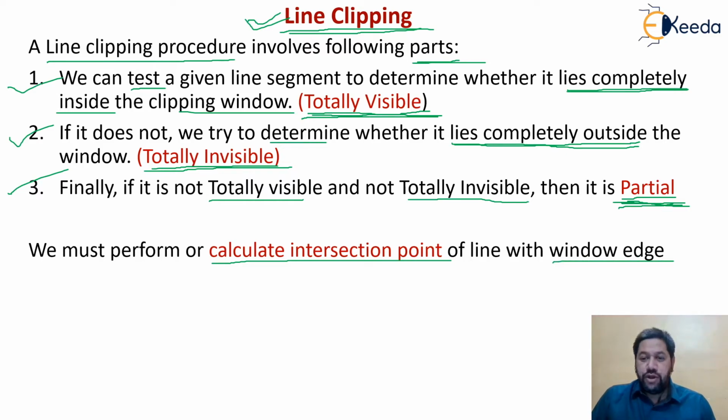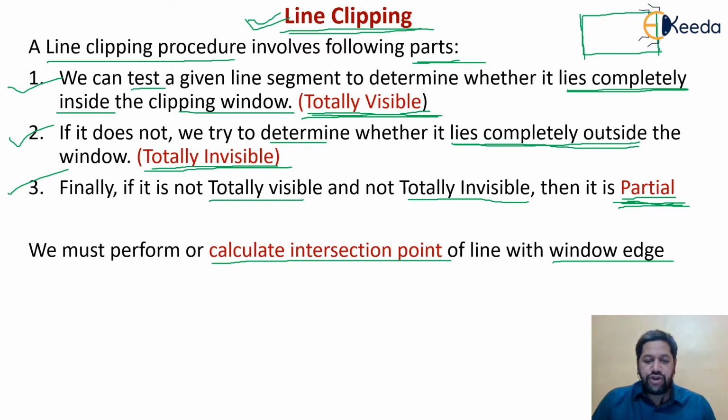I'm just showing you here so that it will be easier to understand. Suppose this green color indicates my clipping window. Just look at the diagram I'm drawing. Assume that this is my rectangular clipping window.